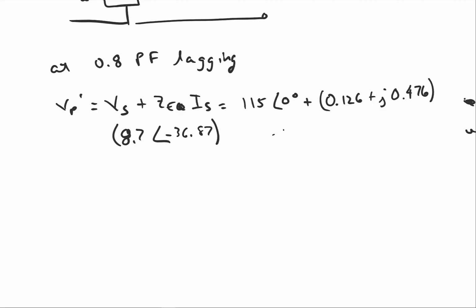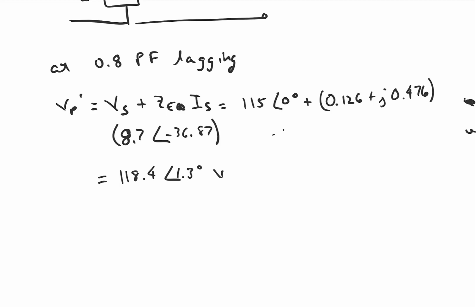So we crank through all of this and we find that VP prime is 118.4 at an angle of 1.3 degrees volts.